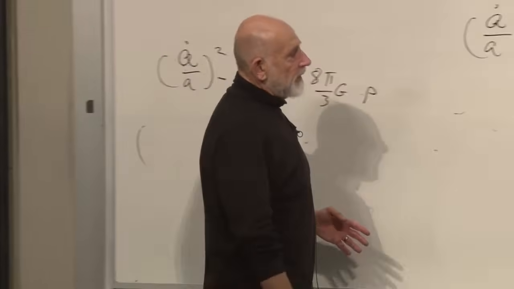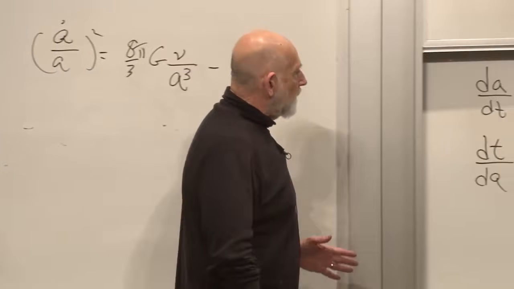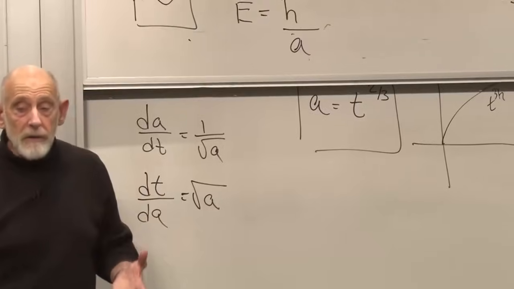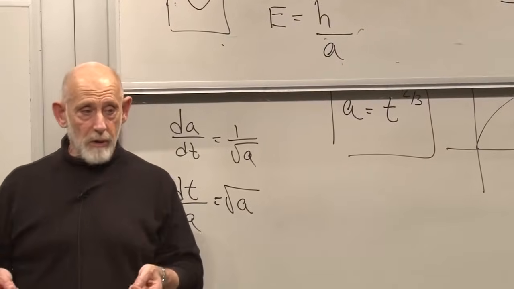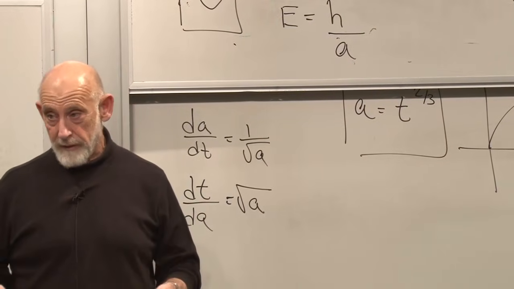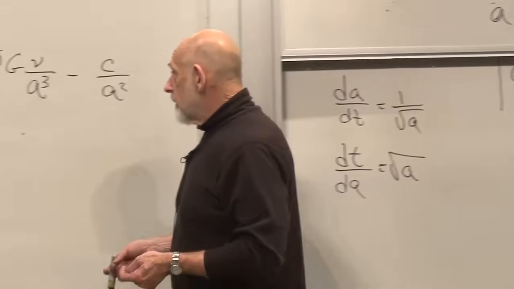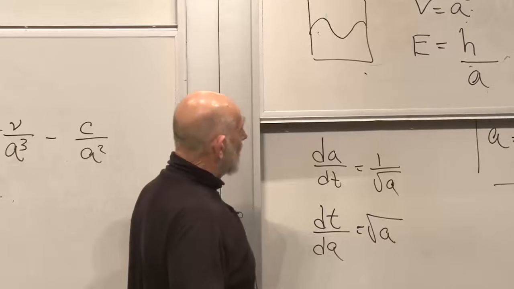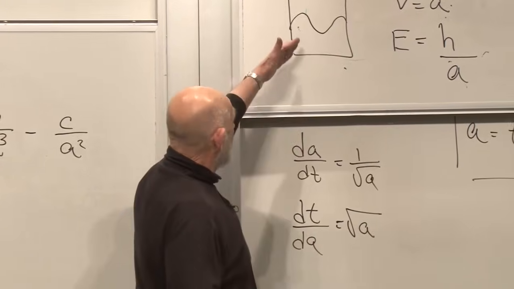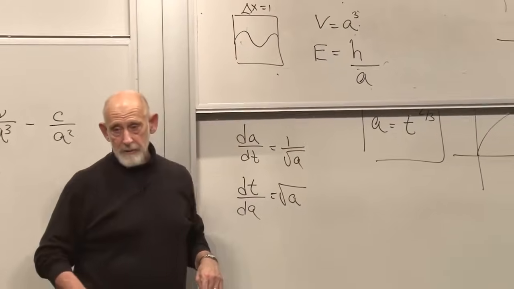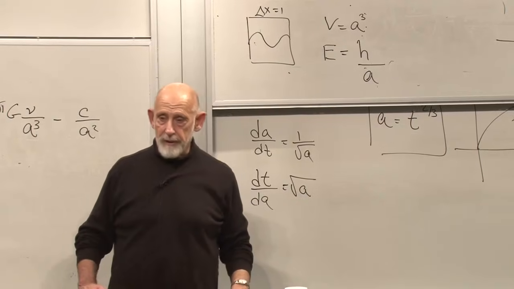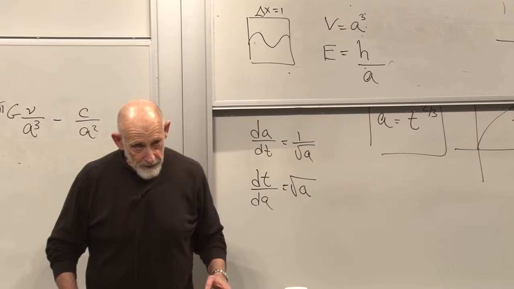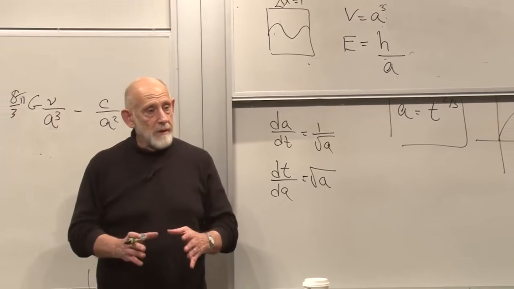The consequence is that the energy per photon decreases like 1 over A, in contrast to the case with ordinary particles, where their mass stays the same and doesn't vary. So by contrast with the ordinary particle case, the energy in the box, the effective mass, does not stay constant, but decreases.